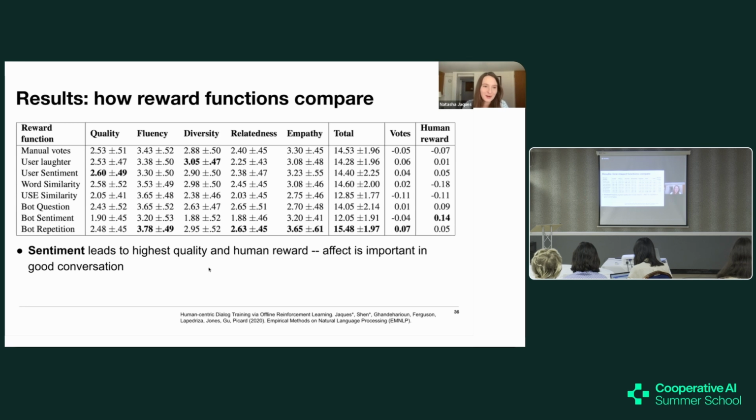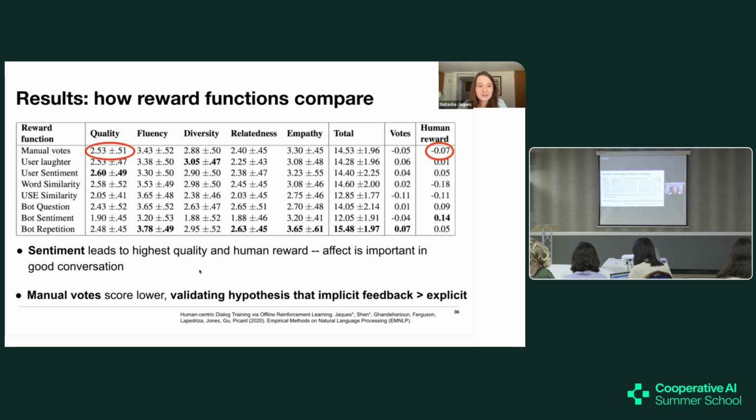It's keeping your advisor happy, always good. More importantly, we were able to validate this hypothesis that optimizing for these manual upvotes and downvotes, even though they are the ground truth human opinion, didn't scale as well as optimizing for this implicit feedback. So because you're getting the implicit feedback more frequently, even though it's imperfect, it's actually helping you learn more effectively.